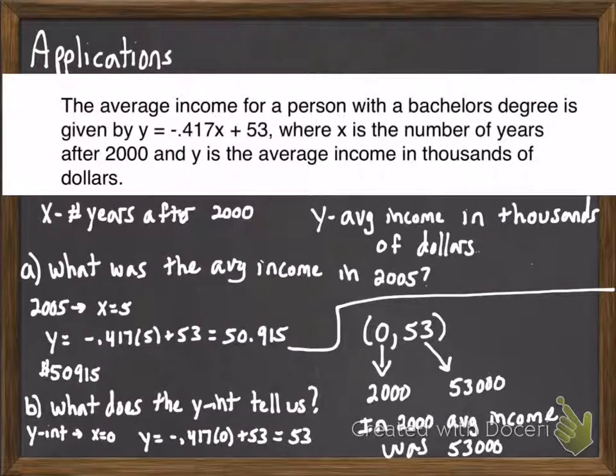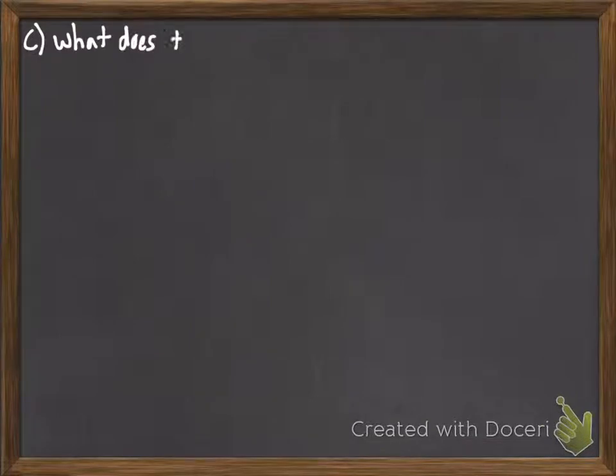So you might start to see a little bit of an issue here. People actually, on average, made less money in 2005 with a bachelor's degree than they did in 2000 with a bachelor's degree. So that leads us to question, well, how is income changing? Well, change in a problem like this relates to the slope. So that brings us to our next question.